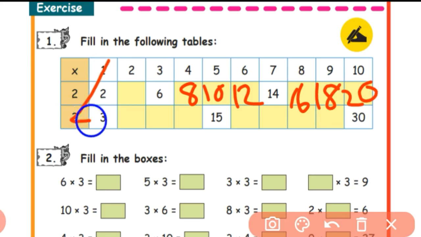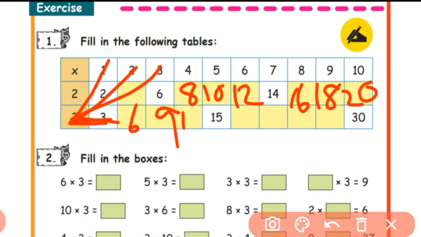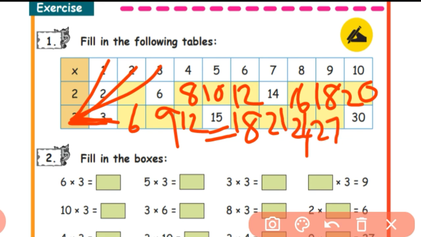Same like that, 1 3s are 3, 2 3s are 6, 3 3s are 9, 4 3s are 12, 5 3s are 15, 6 3s are 18, 7 3s are 21, 8 3s are 24, 9 3s are 27 and 10 3s are 30.